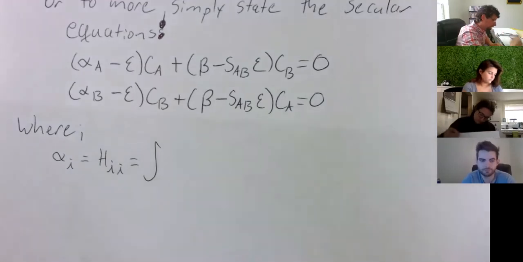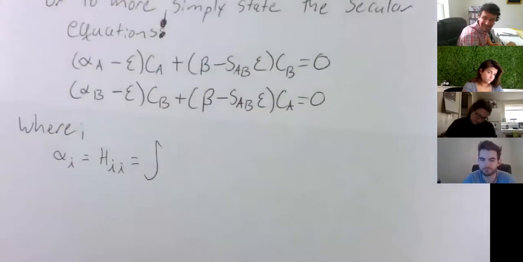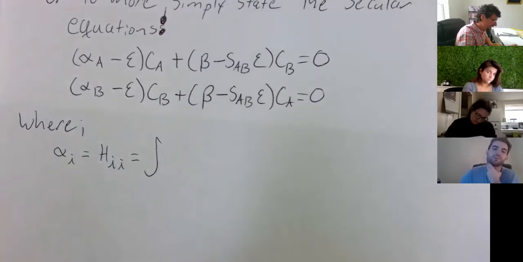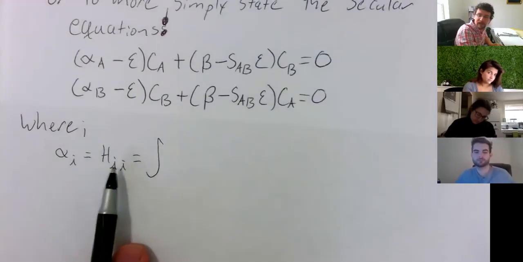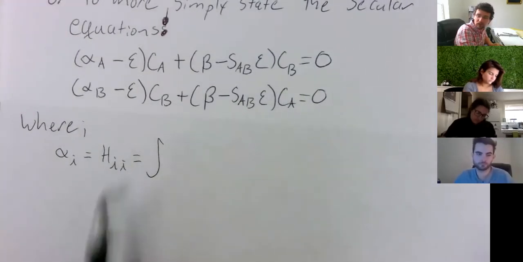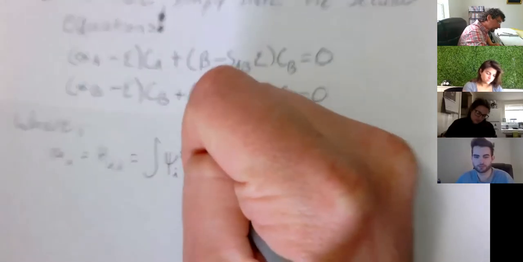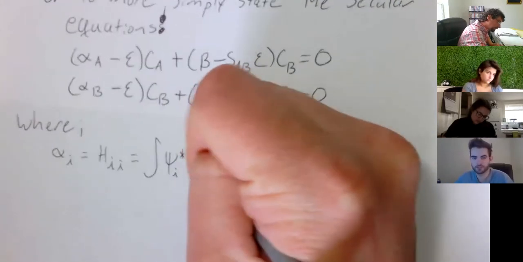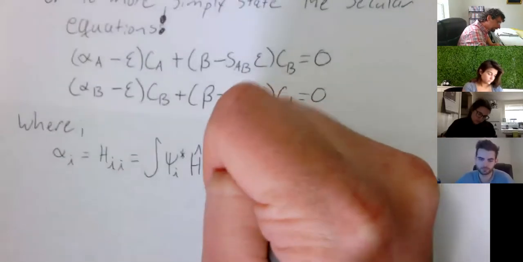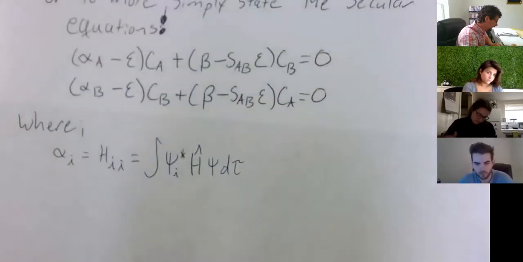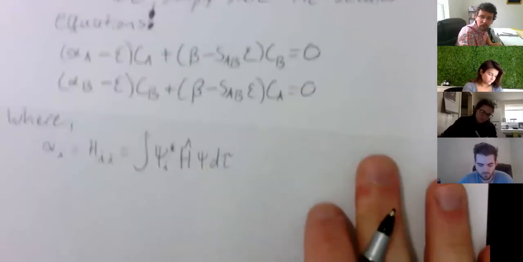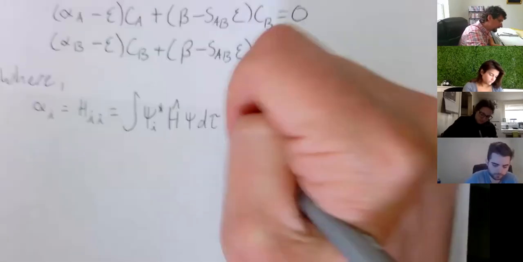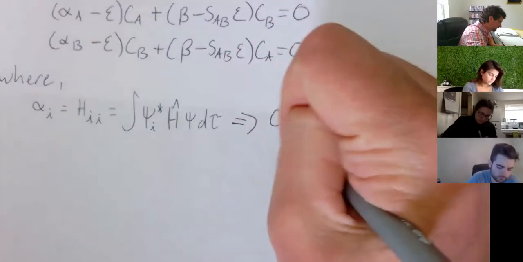Probably equal to 1 or 0, 1. Nope, not a 1 or a 0. You told me at the beginning it was like the integral. Oh, yeah, so it's just the integral of your one function, and then you have your Hamiltonian by the regular function. Yeah, exactly. And what this is commonly referred to as, this is known as the Coulomb integral.